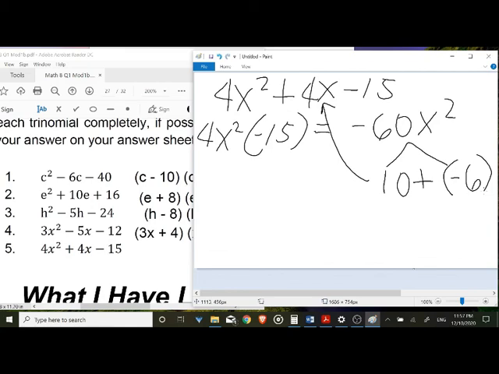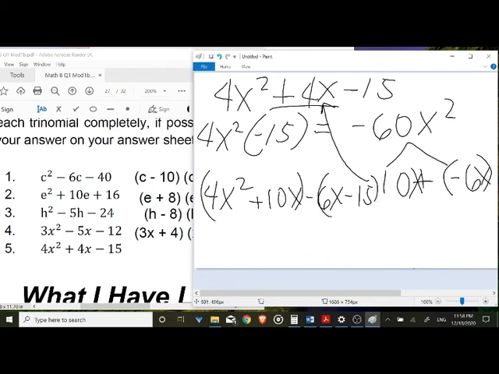So we can now expand this middle term using this 10x minus 6x. So 4x squared plus 10x minus 6x minus 15. Group. Then factor out 2x.